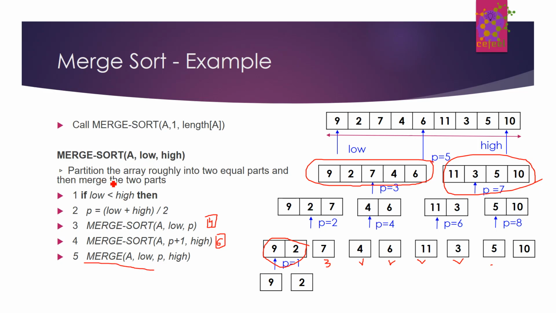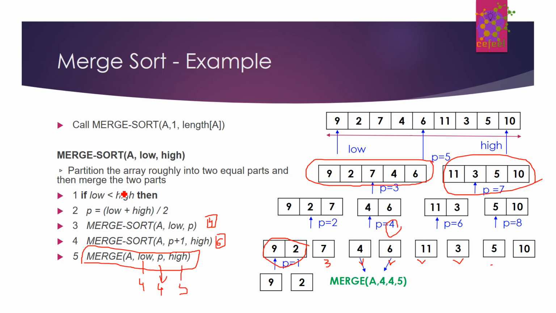Then the merge method is called on low, P and high, which means for 4 and 6 we will call merge(A, 4, 4, 5). Why? Because in this case low was 4, P was 4, and high was 5.